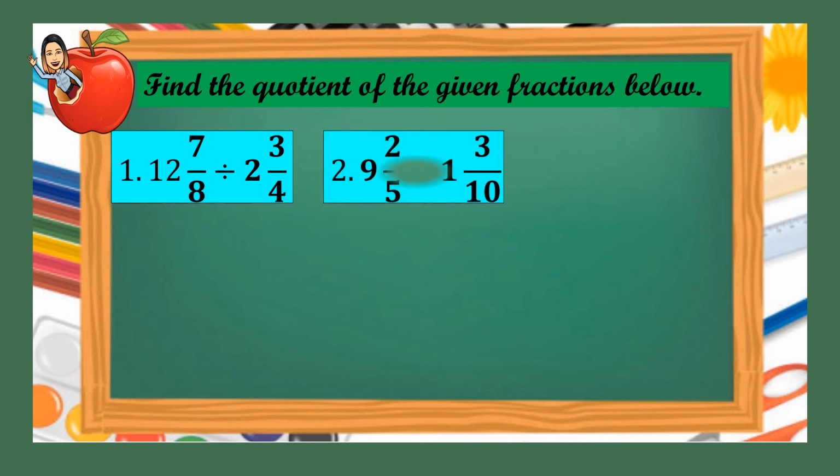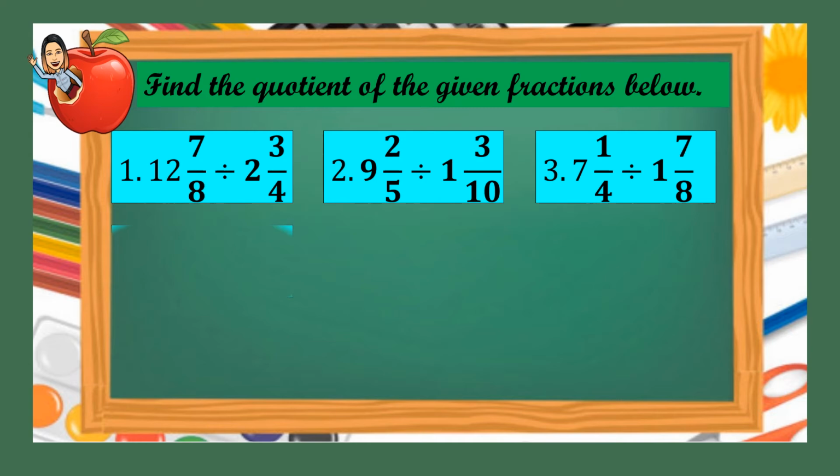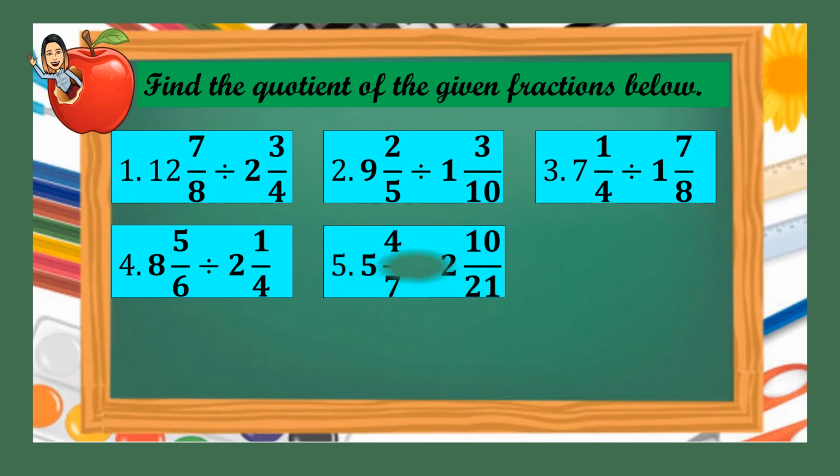Number 2, 9 and 2/5 divided by 1 and 3/10. Number 3, 7 and 1/4 divided by 1 and 7/8. Number 4, 8 and 5/6 divided by 2 and 1/4. Number 5, 5 and 4/7 divided by 2 and 10/21.